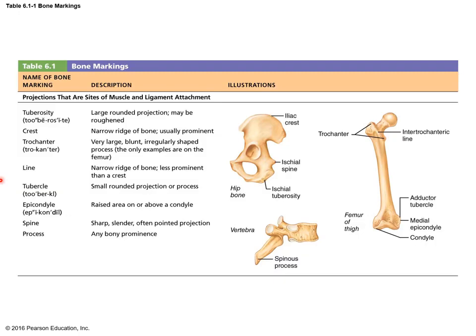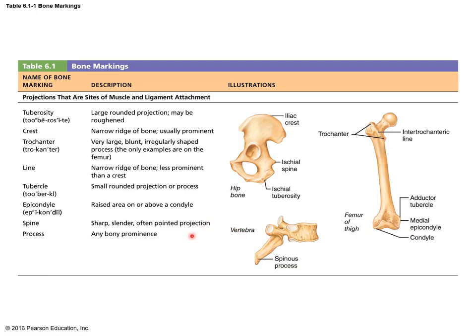But just to briefly go through things like tuberosities, all of these are projections. So you have various tuberosities and crests. These would be sites for muscle attachments. They're usually fairly prominent. You have different processes, which is any type of bony projection out.